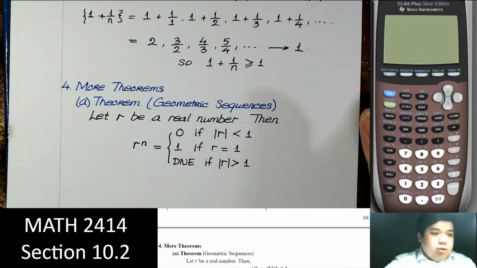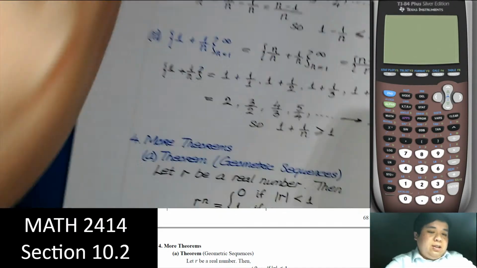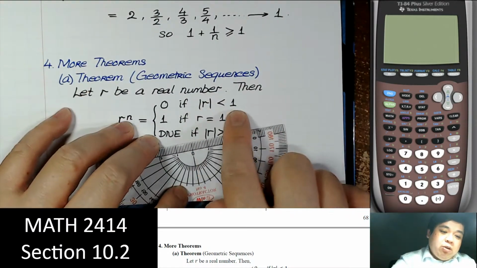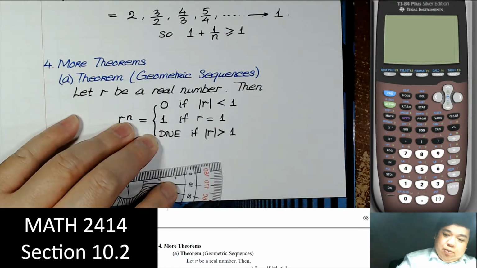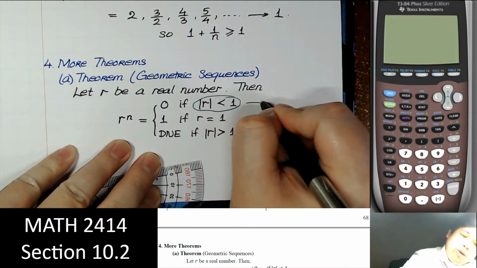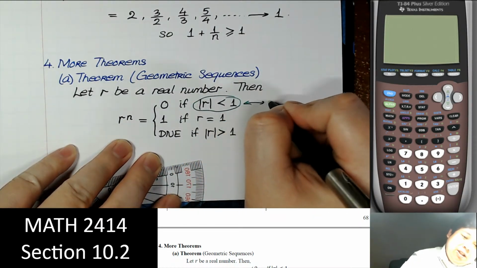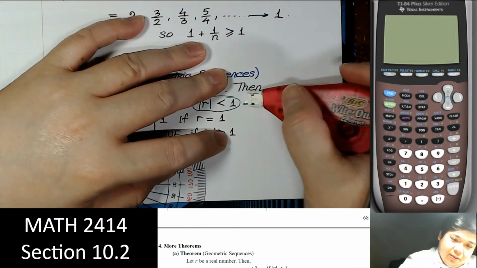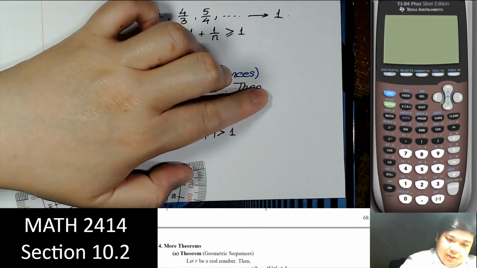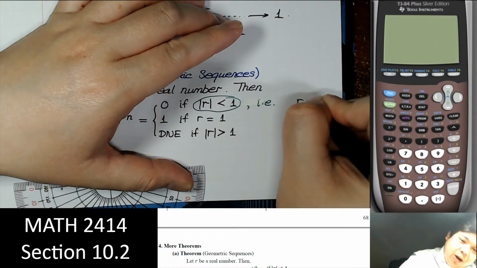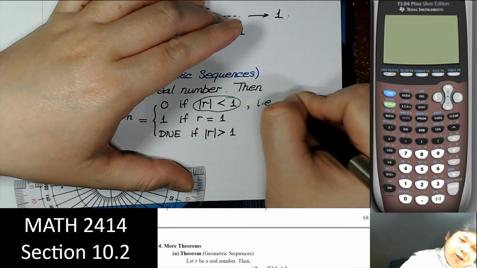So let me do this. When we write the absolute value of r is less than 1, we mean r is between 1 and negative 1.